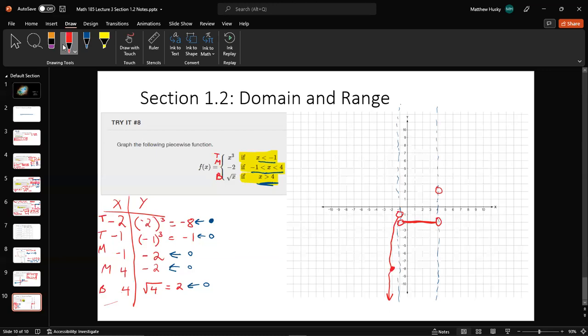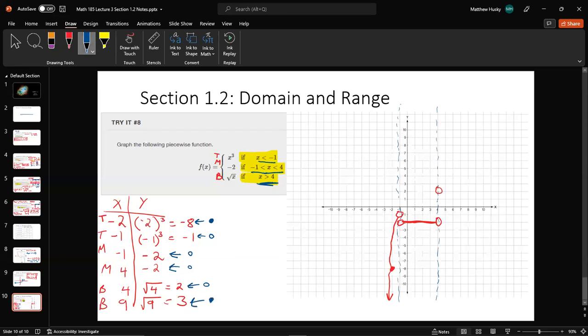Now for the bottom, I could do other values too. Like I could put in 5. The square root of 5 would be this kind of icky decimal. Same with square root 6, 7, or 8. So I'm actually going to pick the number 9 for the bottom equation. The reason I'm picking 9 is because if I do the square root of 9, I get a nice round 3.